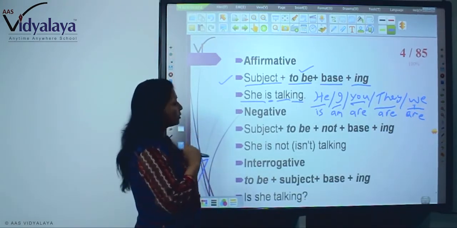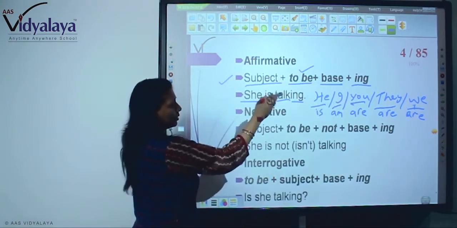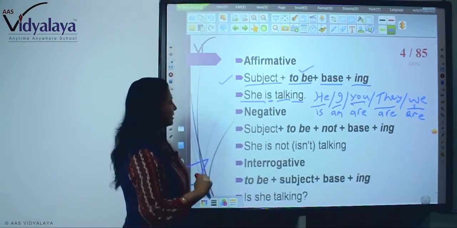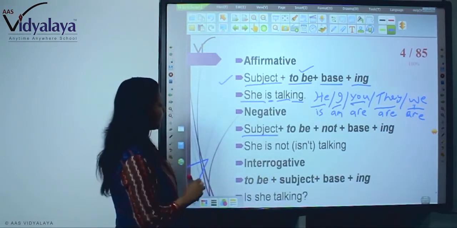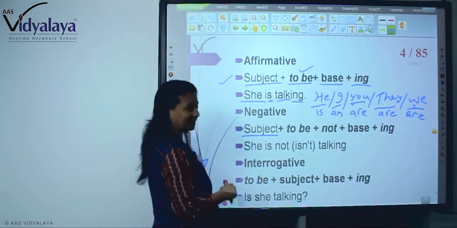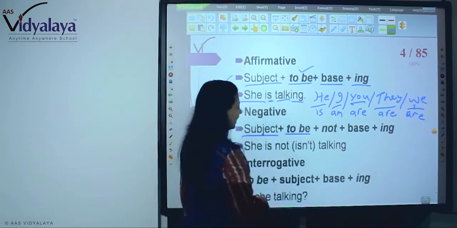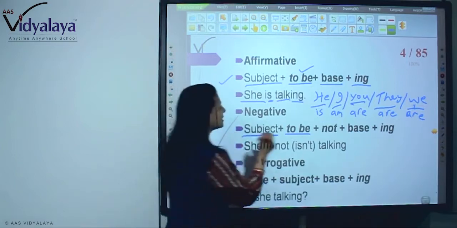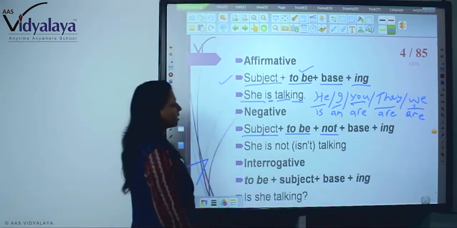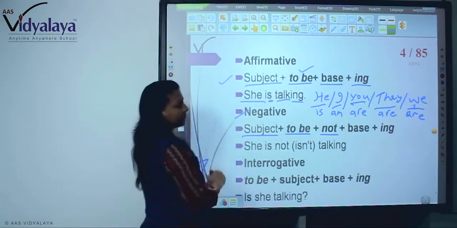Now negative. How to make negative sentences? Here number and persons are there. Now subject. According to persons and numbers also, subject can be anything. Again to be. So one word that you need to add is not, just to make negative.